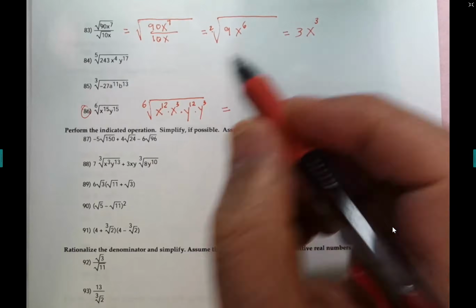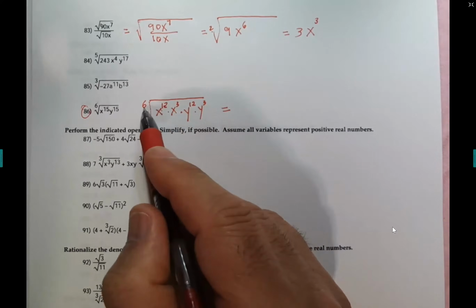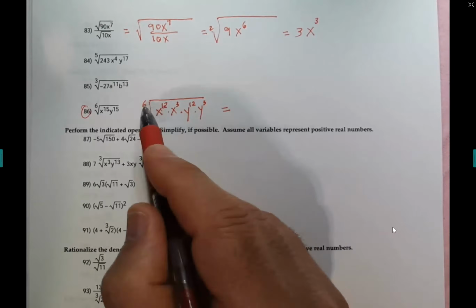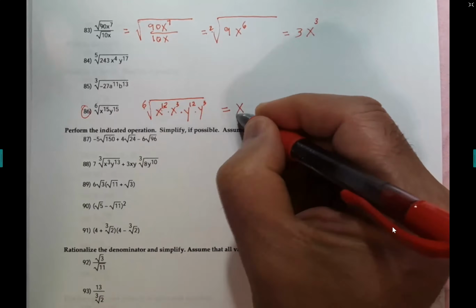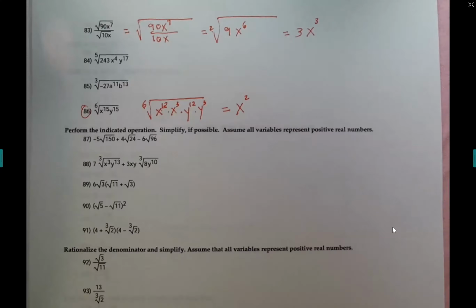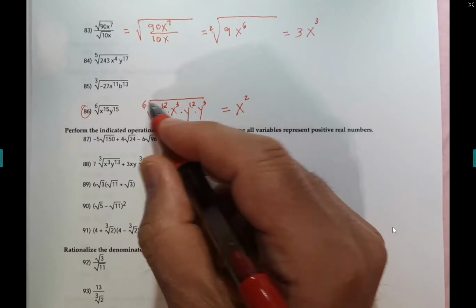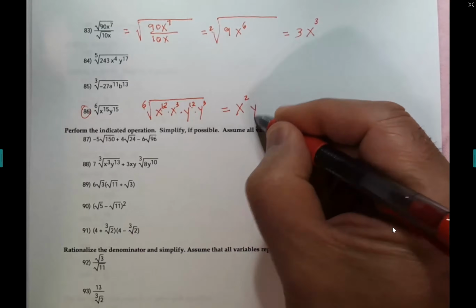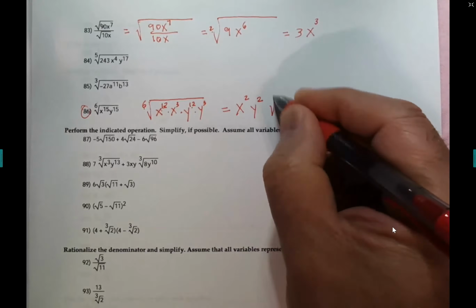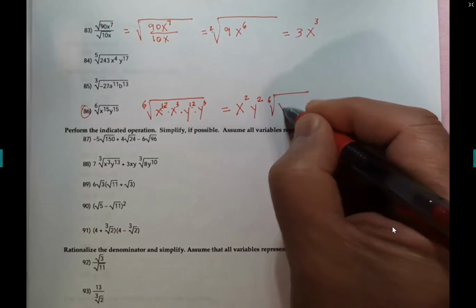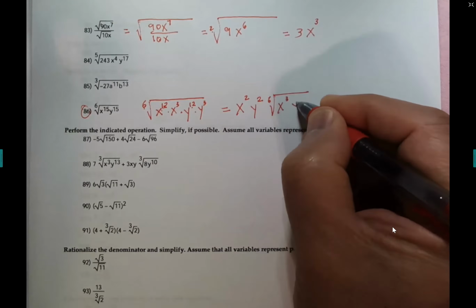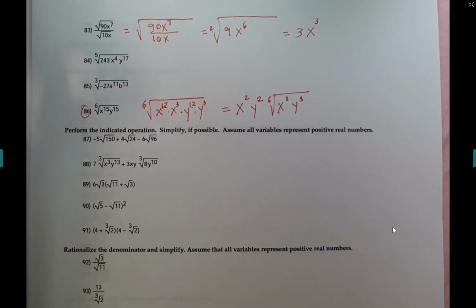So x to the 12, what's the sixth root of x to the 12? 12 divided by 6 is 2, so it will be x squared. y to the 12 gives y squared. And then what's left inside the radical, guys? x cubed, y cubed. Okay.